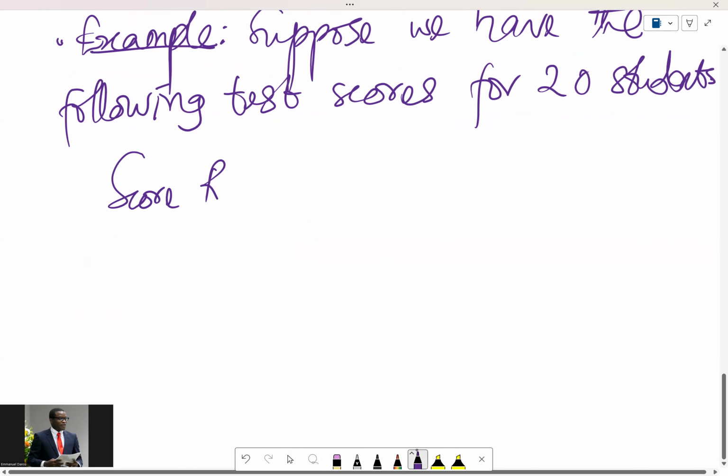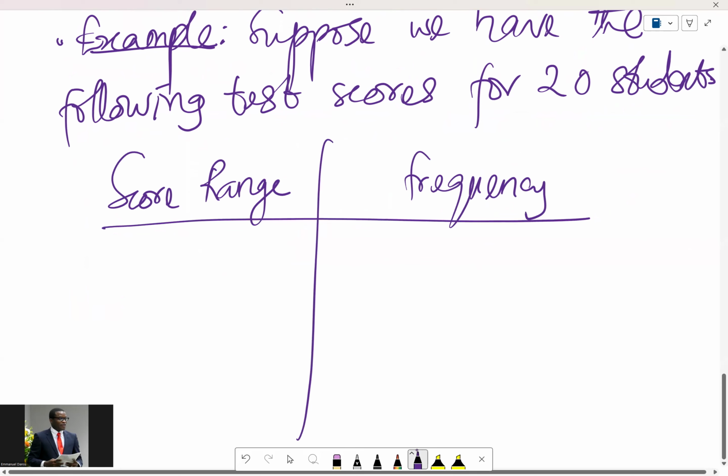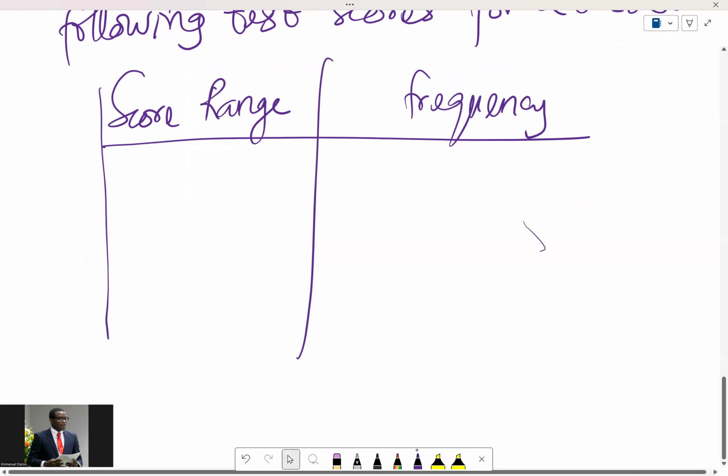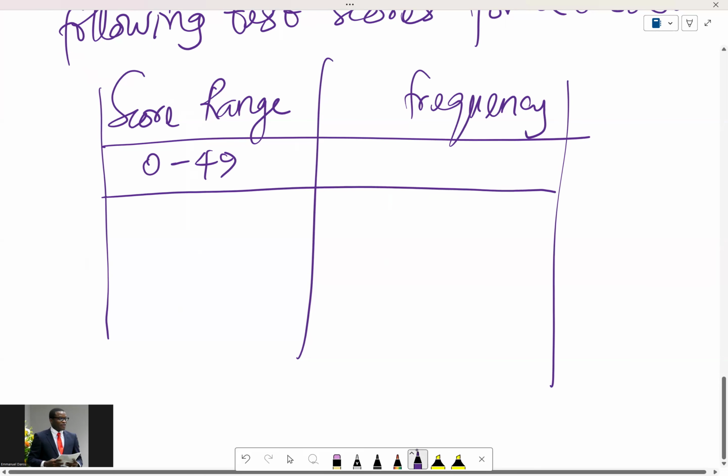Now it's not just a single score, now it's a range of scores. So maybe we group the scores together: score range and frequency. So 0 to 49. How many people scored from 0 to 49? We have 4. 50 to 59, we have 5.